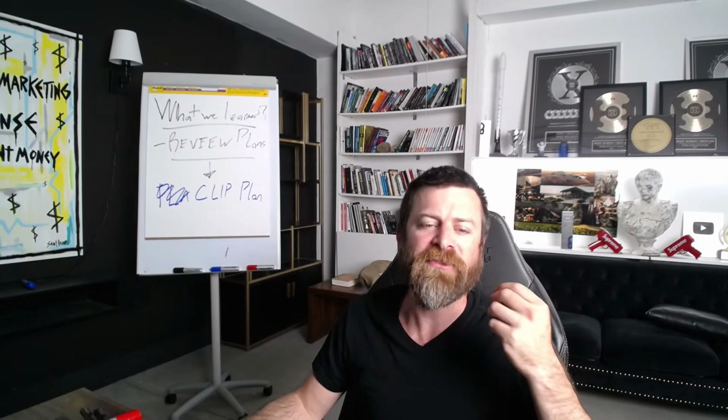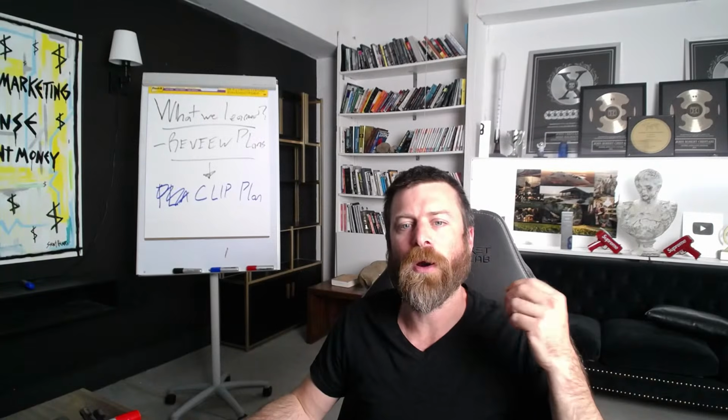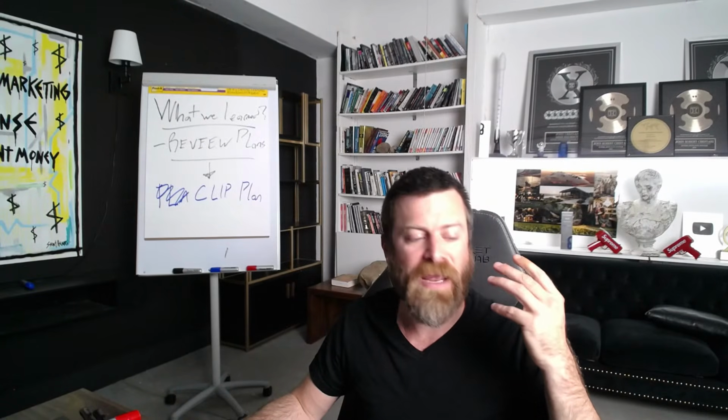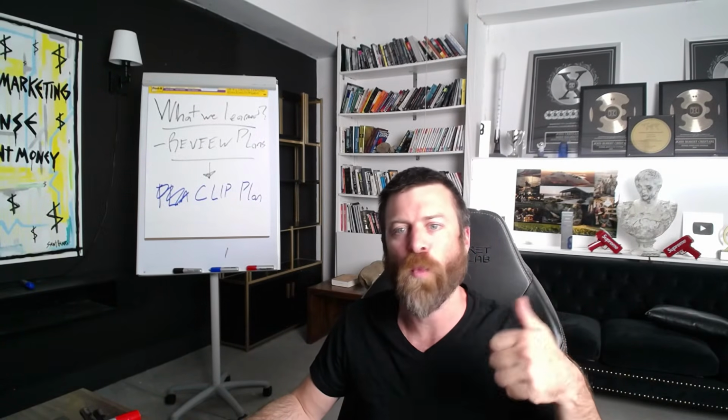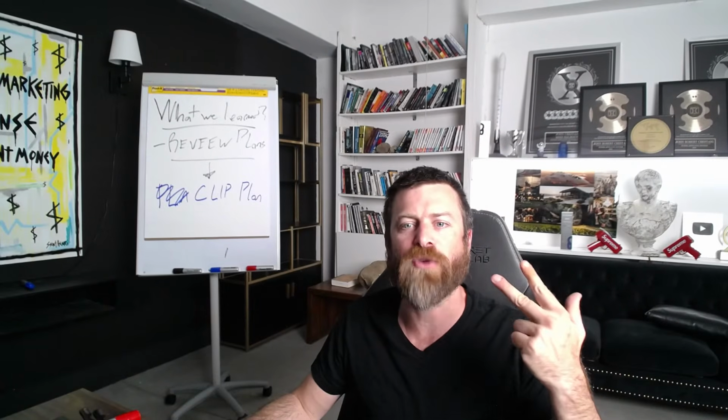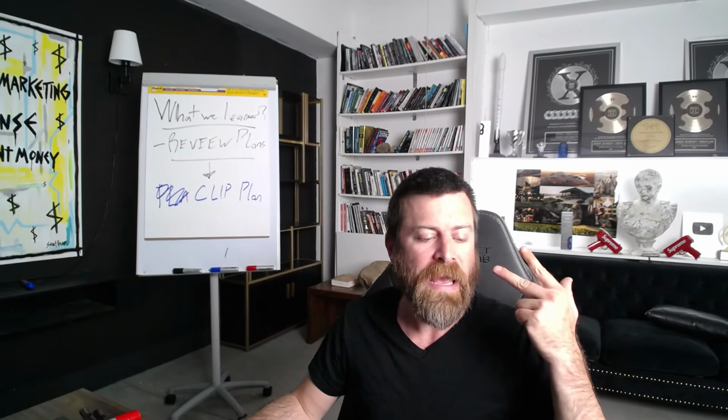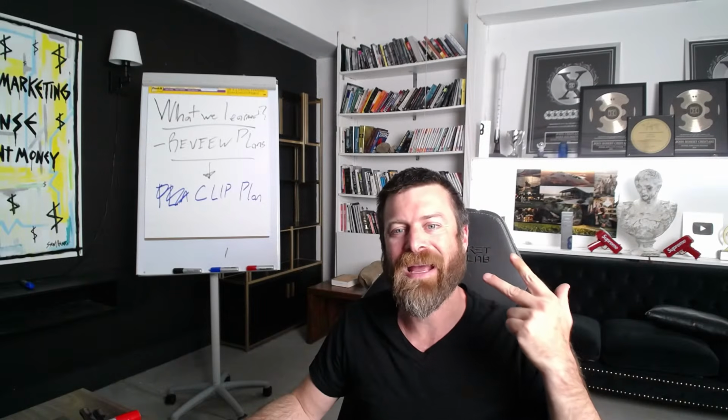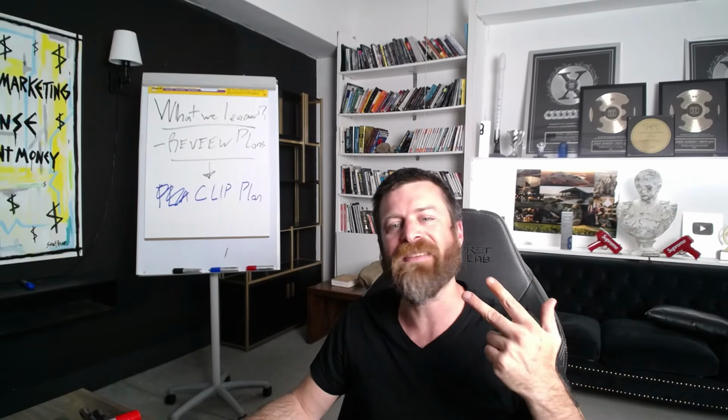Now, how we're going to scope out our plan is we're going to also, once again, try testing Claude, testing Codex, and testing Gemini. And we're going to create a clipping plan with each. So let's see what we can do.